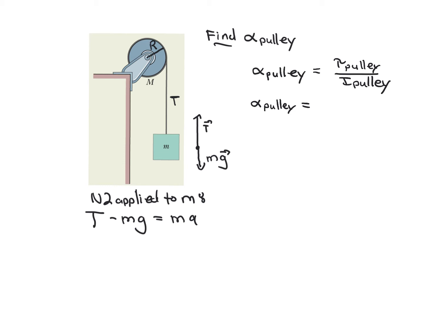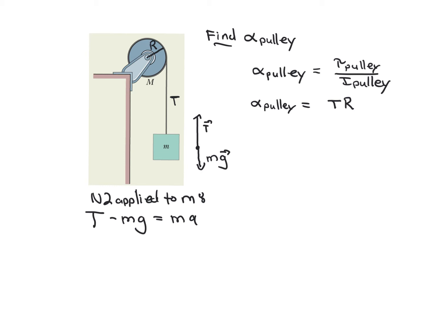By definition, it's the tangential component of the force applied to it, which in this case is T, the magnitude of the tension force, which is by definition a positive number here, times the distance between where the force is applied and the axis of rotation. That is, of course, r, because the force is applied on the rim of the wheel, and the axis of rotation is at the center, so that distance is r.